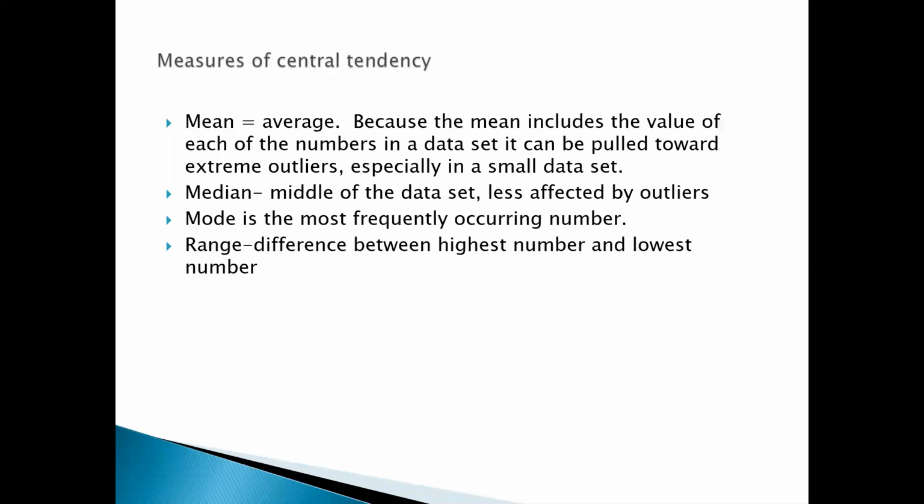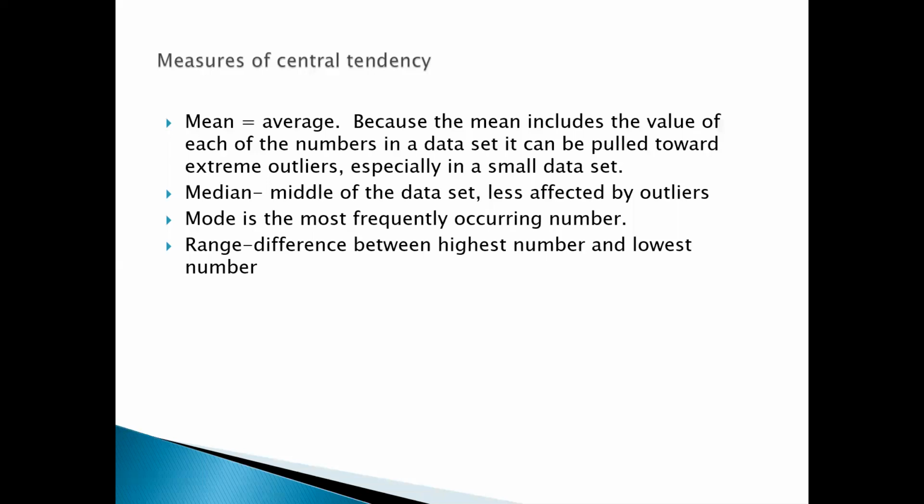I'm thinking about grades here. If everybody gets less than 50 except one person gets 100, and you average all those out, it's going to pull that number higher than the 50, which was what most people got.